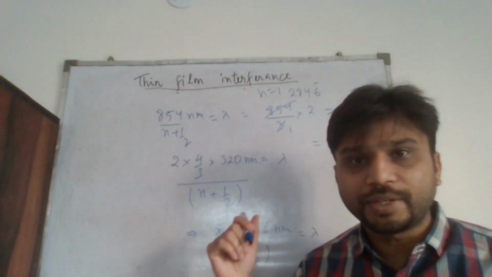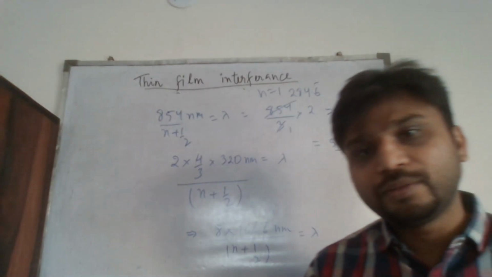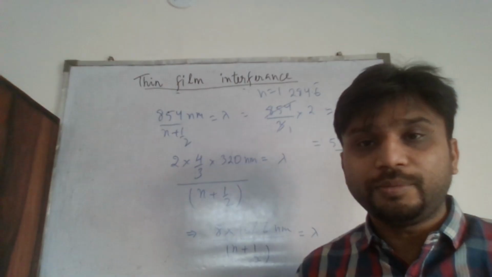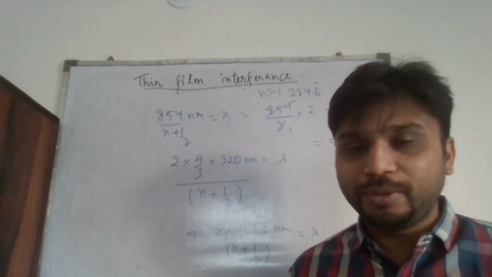So this is the answer, 570 nanometers. For that wavelength, we'll have the brightest appearance of the colors from this thin film interference.